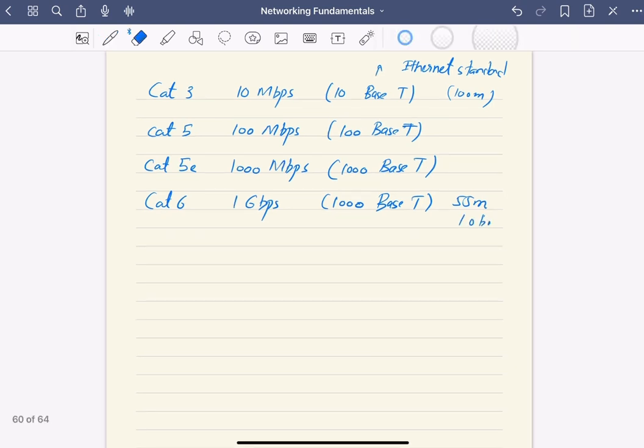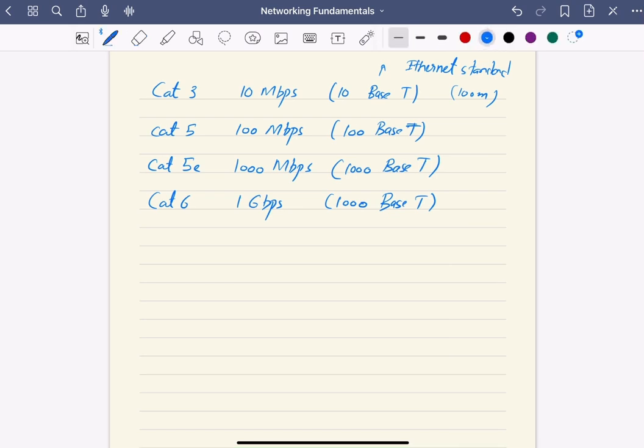Typically the range is 100 meters, but if you use the same standard and you are getting 10 Gbps, the distance would be short.